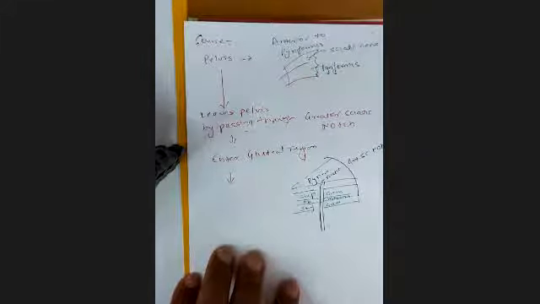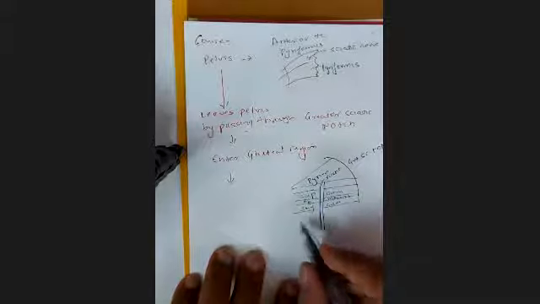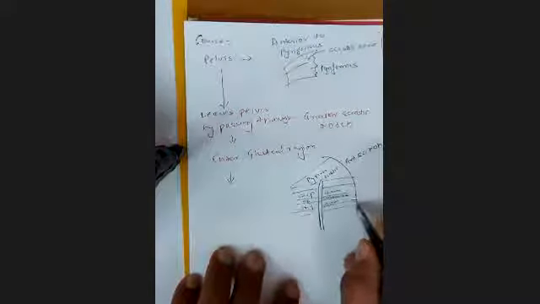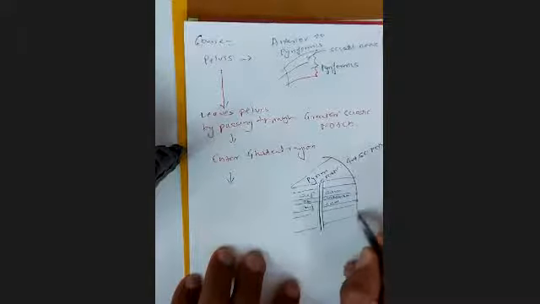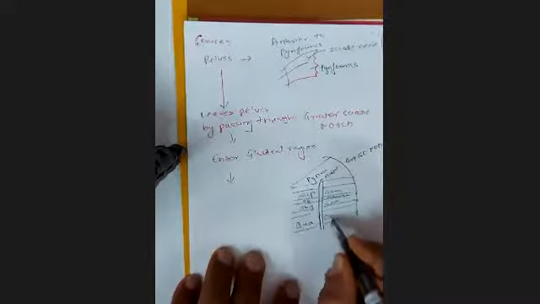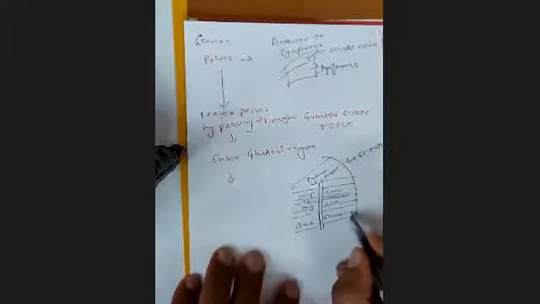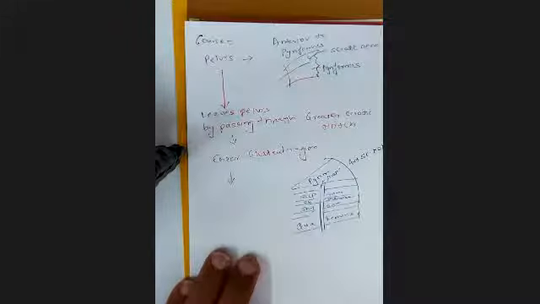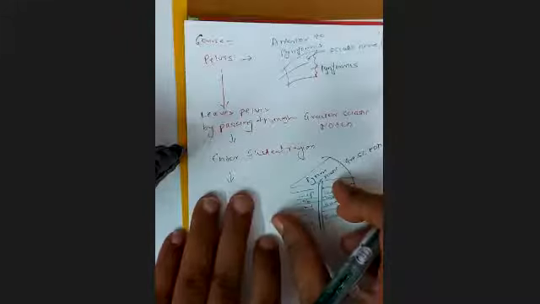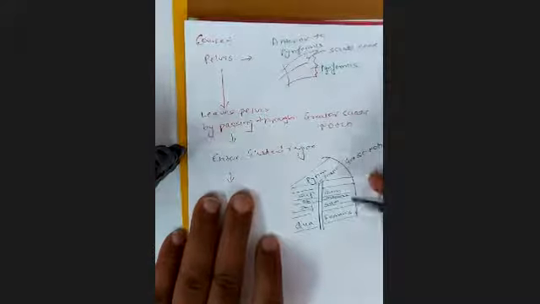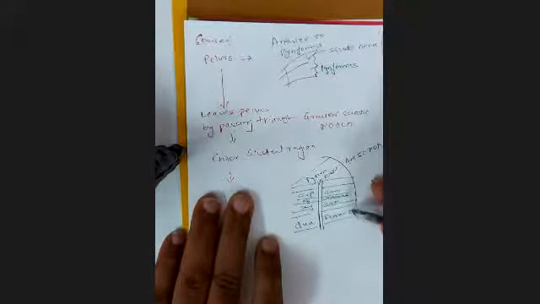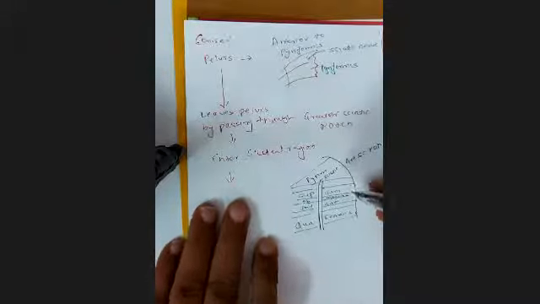Below that is quadratus femoris. All are the deep relations of the sciatic nerve: superior gemellus, obturator internus, inferior gemellus, and quadratus femoris. They are the deep relations or anterior.